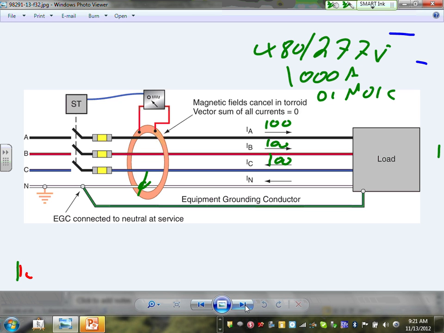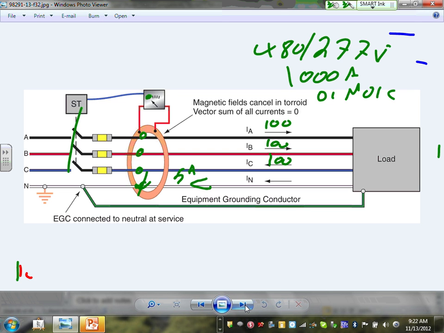If, say, the neutral is carrying 5 amps, this means one of the phases has a ground fault. It senses the difference because it's sensing here, here, here, and here. It senses that there's a difference in the system, and it will send the signal here, and that signal will, bam, open this disconnect, ground fault. That's called ground fault protection.